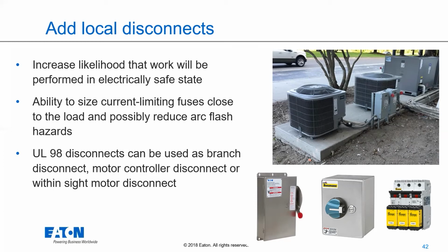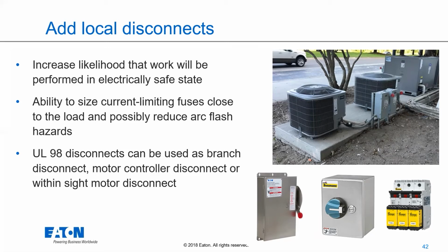So having a local disconnect right at the machinery, particularly a machine that would likely need maintenance frequently, so that whoever the maintenance person is that comes to work on it immediately knows where that upstream switch is, immediately is able to turn it off, and then therefore work in an electrically safe state, is an excellent, excellent idea.